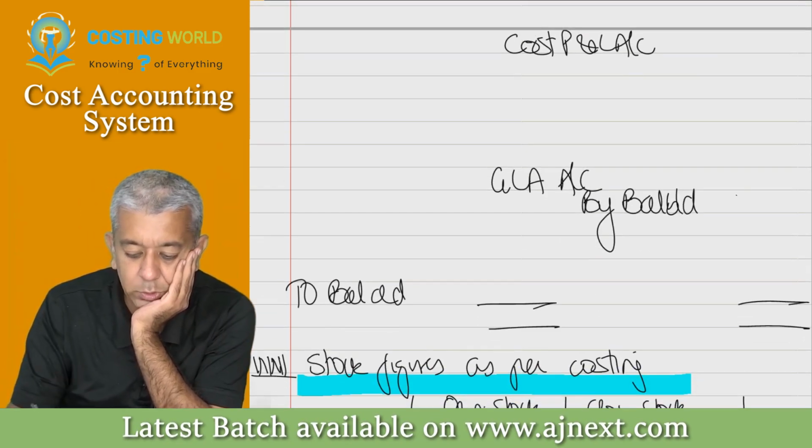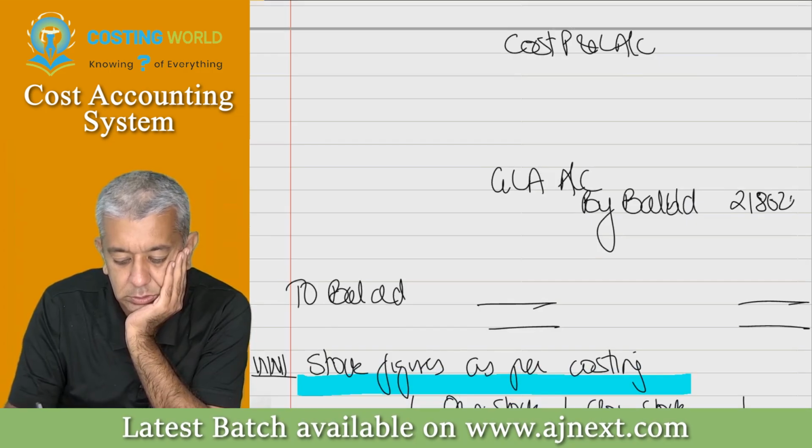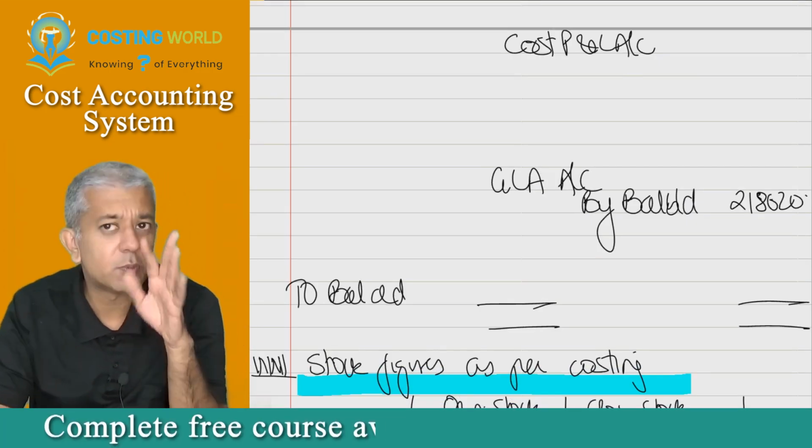Opening GLA, beta, 218,020. This much is done.